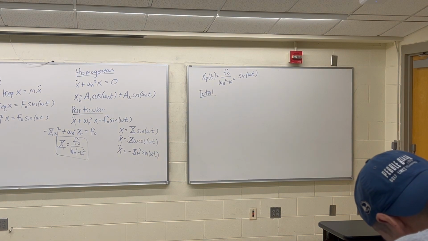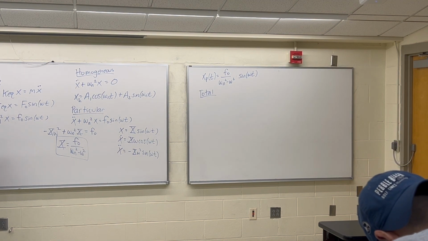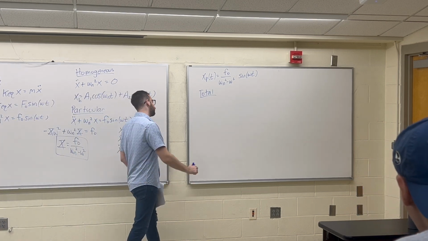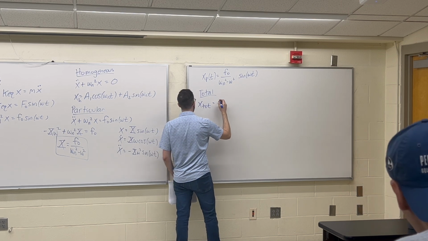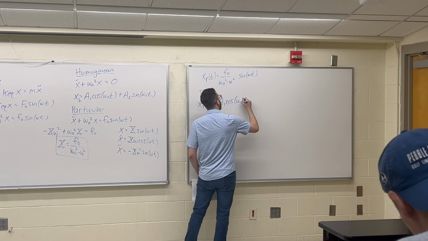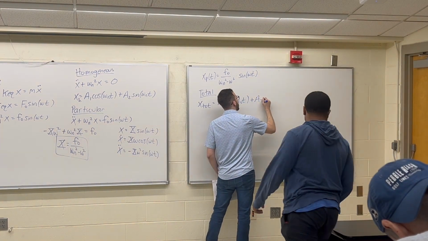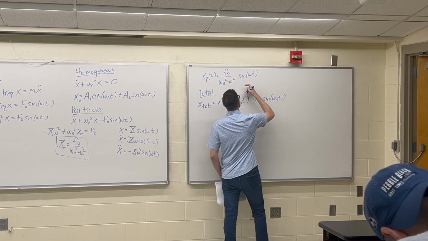We'll add the homogeneous and the particular together to give us our total solution. X total will be A1 cosine omega nt plus A2 sine omega nt plus this.